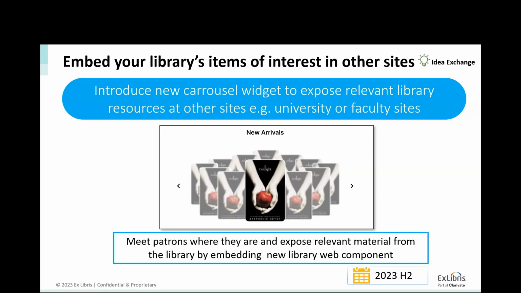If a user is interested in more, they can link to the library discovery with the specific query that you have defined to see additional library items. We will provide you with this web component code and an easy configuration setup, so you can very easily embed it on your faculty sites.